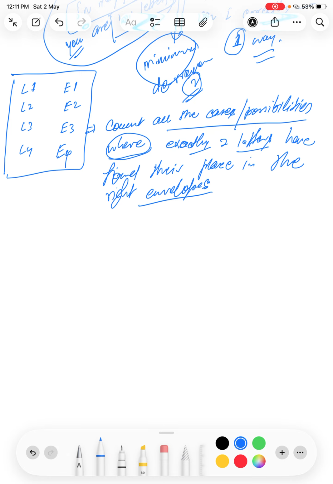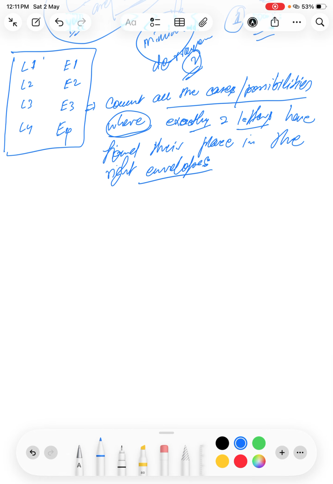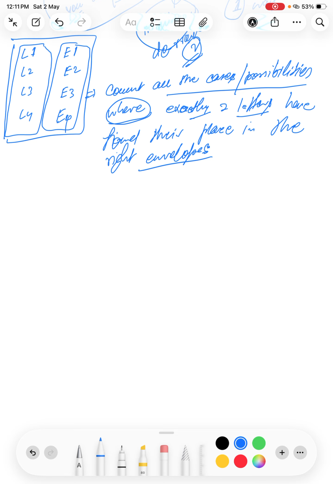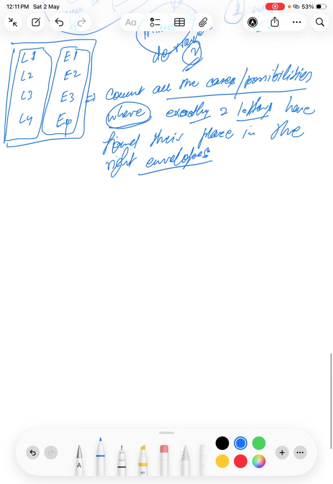So we have 4 letters, 4 envelopes. First, let's say L1 and L2 have found the right envelopes, which are E1 and E2.